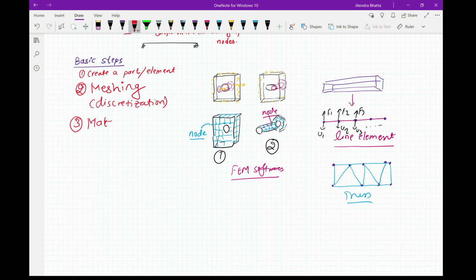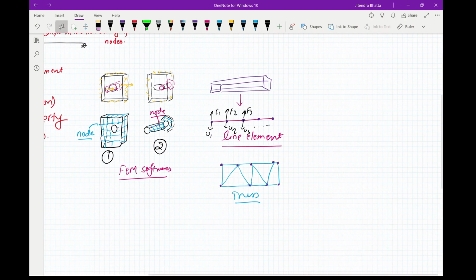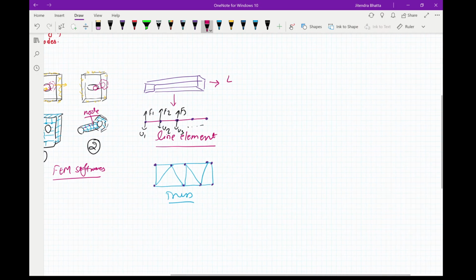Third part will be material property specification. So the third step is generally to provide the specifications of the parts you have created. For example, if this beam is steel, then you got to assign your Young's modulus as 200,000 MPa.